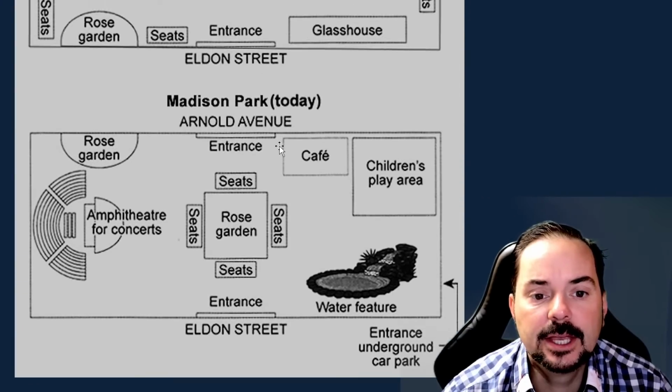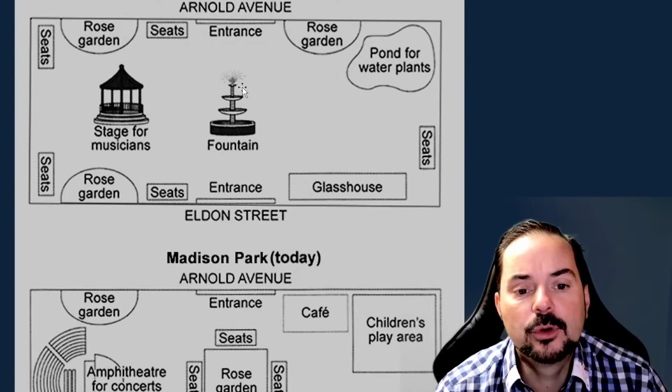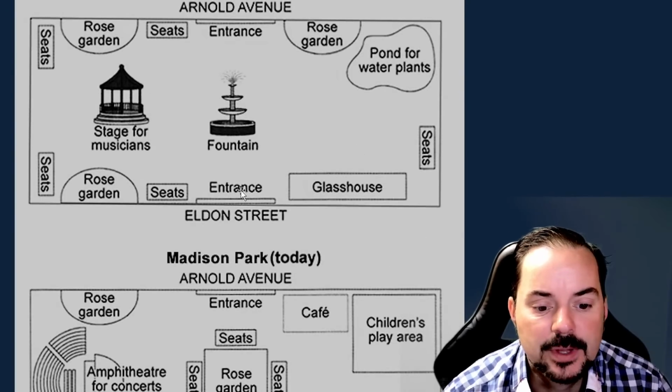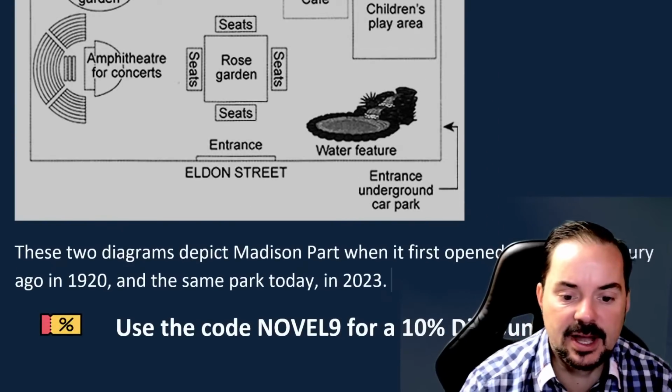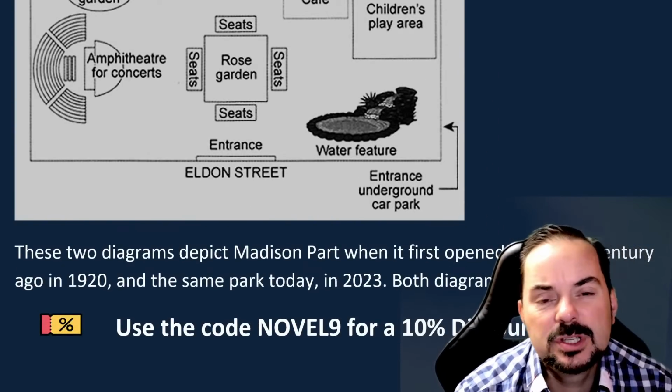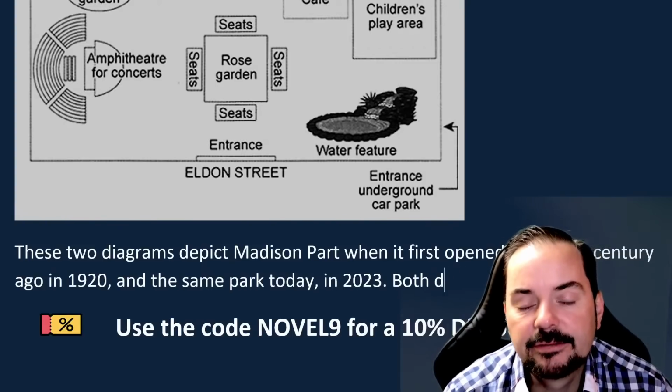Now, here, I'm going to include a little bit more information. Both diagrams, and I've used diagrams, so here's where I could paraphrase that.